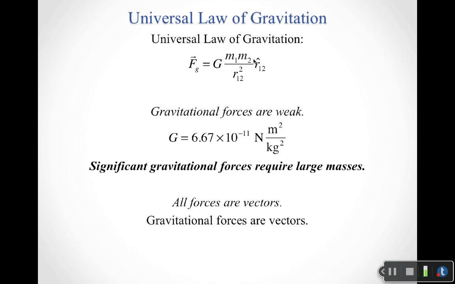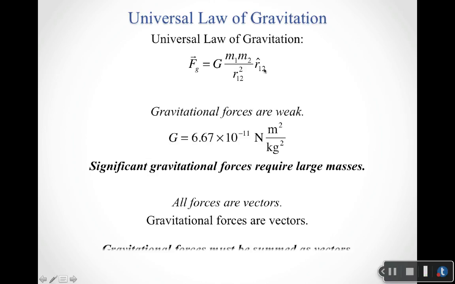The other thing is that all forces are vectors, and so when we think about this expression, gravitational forces must also be vectors. This is just a notational way of saying that the gravitational force lies along the line between my two masses. It confirms what we started with, that the gravitational force has to lie along the line that connects our two masses.